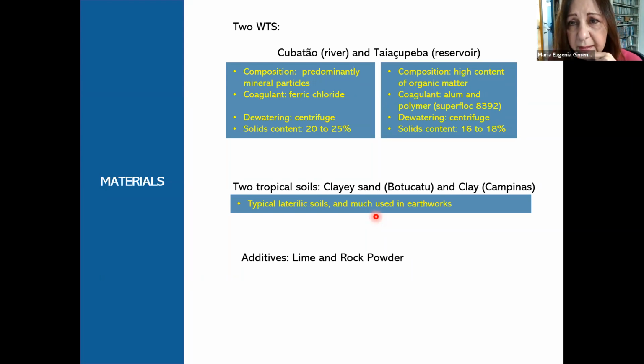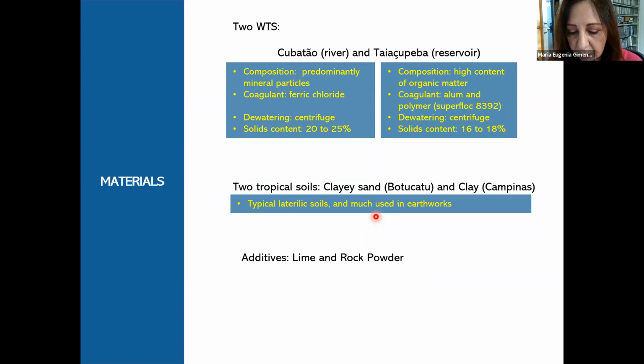And Itaiaçupeba collects raw water from a reservoir and produces 15 cubic meters per second of potable water for the São Paulo metropolitan region, which has 21 million inhabitants.